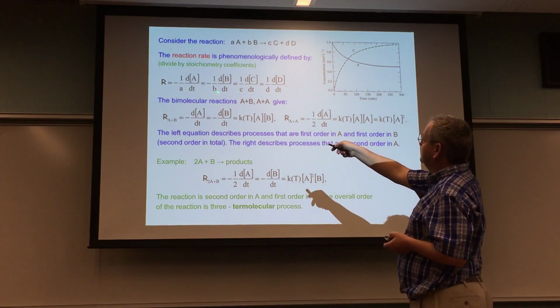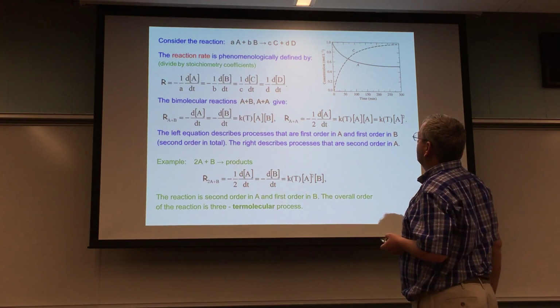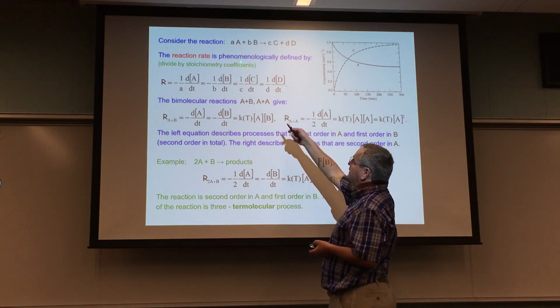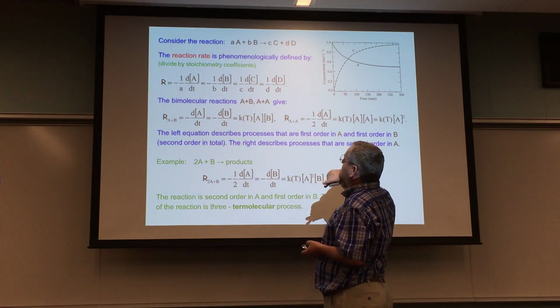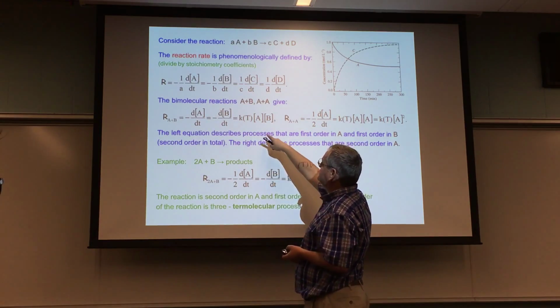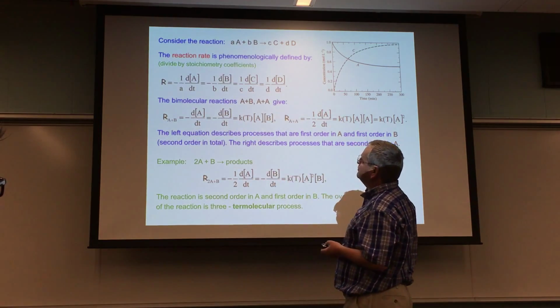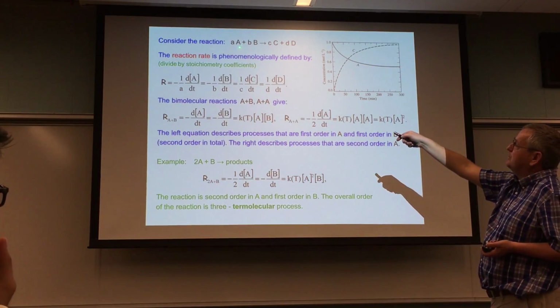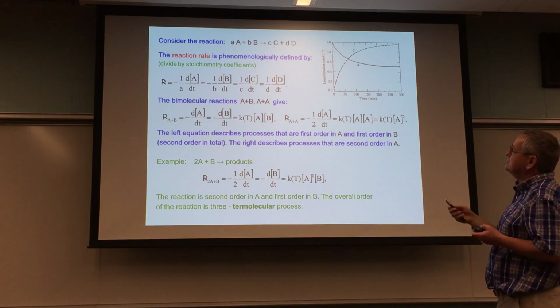If I have different ones, I need to divide by those. And if some molecule appears multiple times in the reaction, then we need to consider them in power, right? Here it is still bimolecular because two molecules need to take part in the reaction.